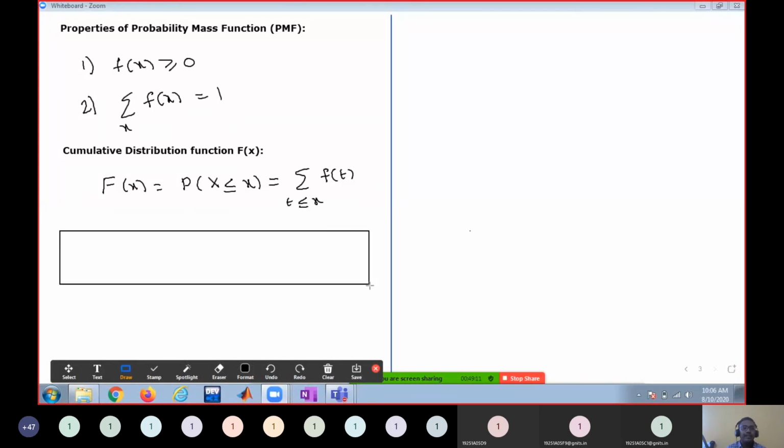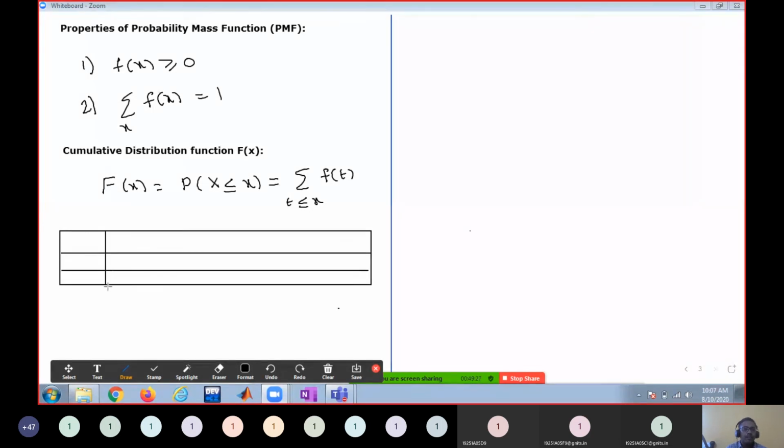So the possible values are 0, 1, 2, 3. What is the corresponding probability mass function? We have seen 1 by 8, 3 by 8, 3 by 8, 1 by 8.